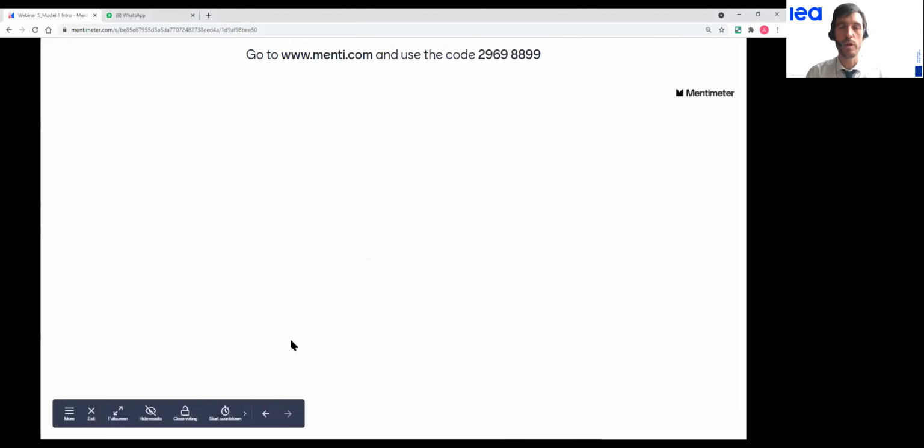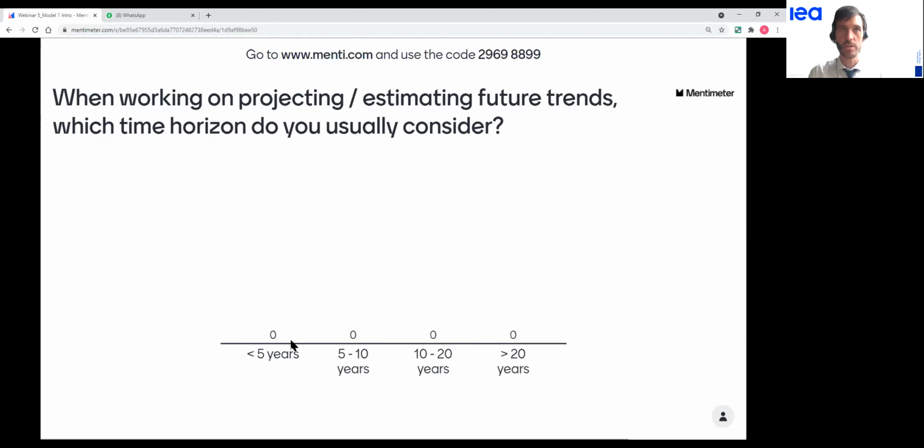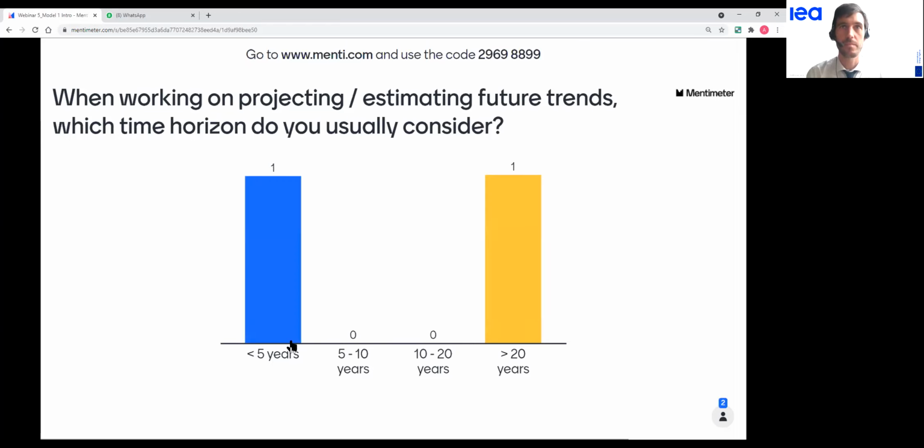Next question is, when you work on projection, on looking at the future, what time horizon do you usually consider? Is it short term, below 5 years? Is it below a decade, or is it above a decade? And I guess depending on who is answering, you might not be looking at exactly the same time horizon.